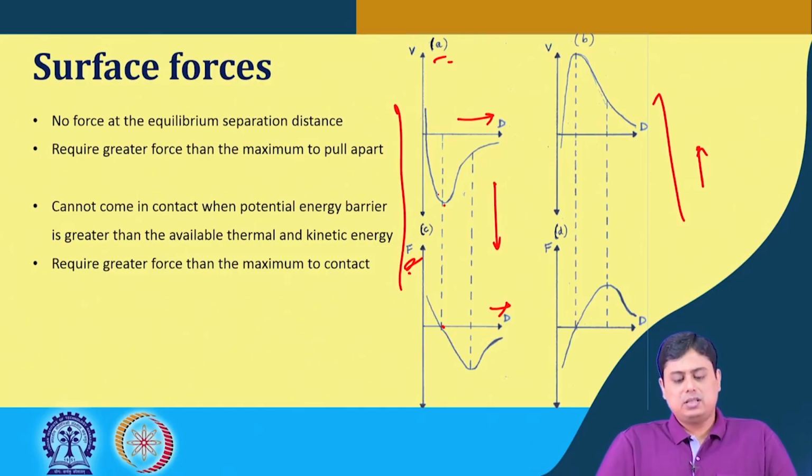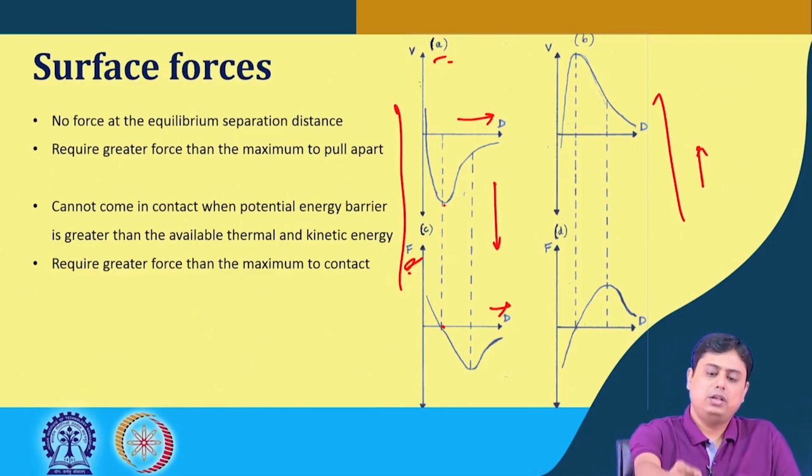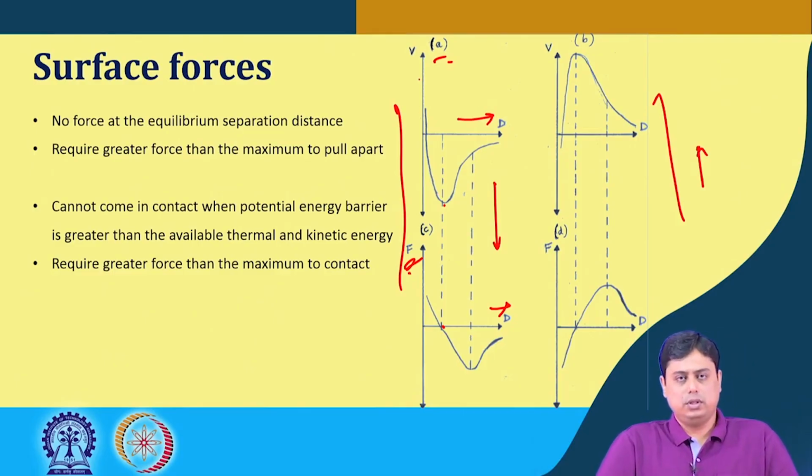If we try to make them even closer, there is a huge repulsive force acting between the two particles, and when they are separated at a larger distance, there is a very weak attraction. If we try to take them apart, we require a force greater than the maximum to pull them apart.